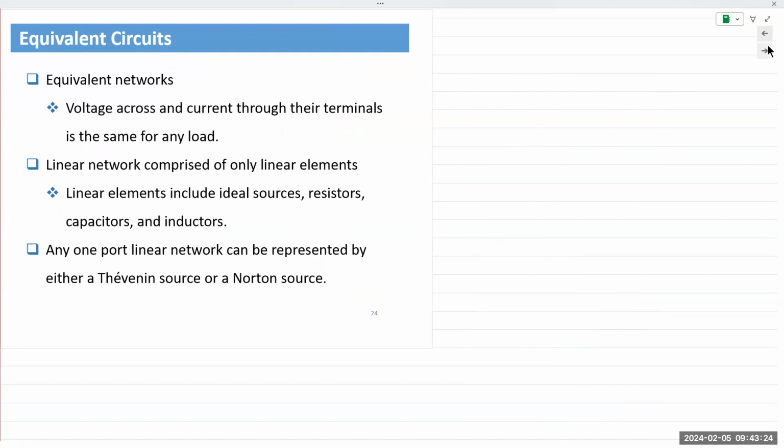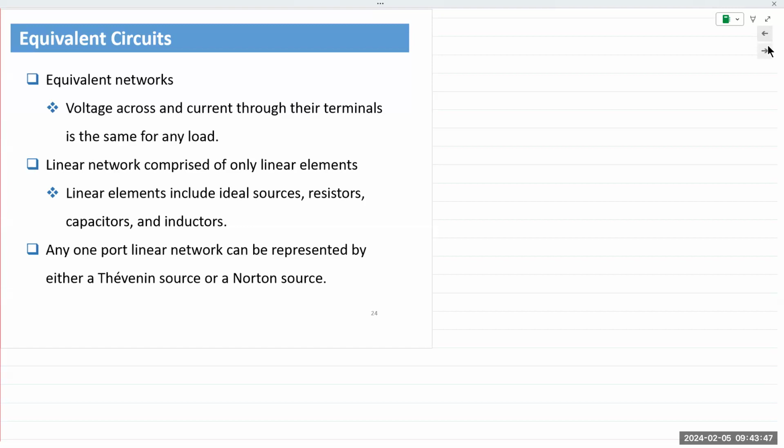Again, if you remember the example, I said R6 could take on multiple values. You could plug in R6 as 10 ohms, 15 ohms, 15 mega ohms, 5 kilo ohms, it doesn't matter what the value for that resistor is. As long as the rest of the circuit remains the same, the voltage across R6 and the current through R6 will always remain the same.